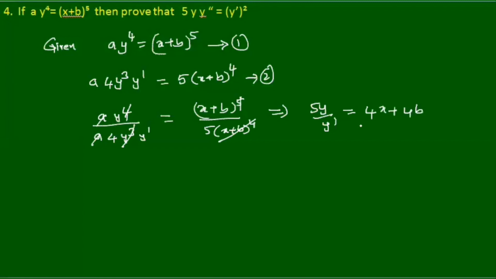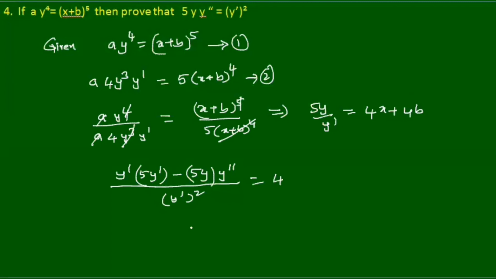Okay, 4x plus 4b. Now we can differentiate this on both sides. Left hand side it is in the form of u by v, denominator y dash whole square, and then v is a y dash, u dash is 5y dash, minus 5y is u, into v dash, y dash derivative is y double dash. Right side, 4x derivative is 4, and then 4b derivative is 0. So it can be written as 4 plus 0.